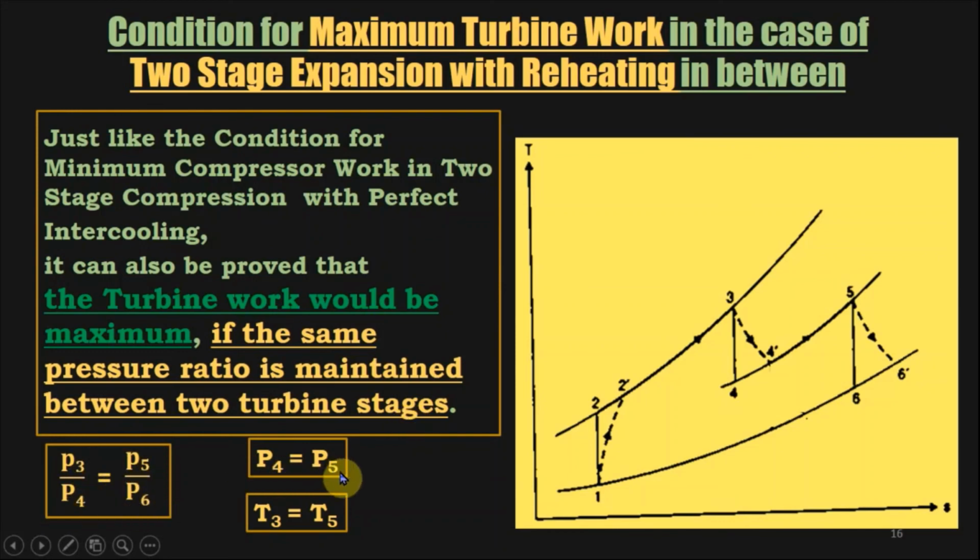Remember, P4 is equal to P5. In the case of most effective reheating in between the two turbine stages, the temperature T3, that is the peak temperature, will be equal to T5. That means after reheating, the temperature is brought back to the highest temperature in the cycle. T3 is equal to T5.